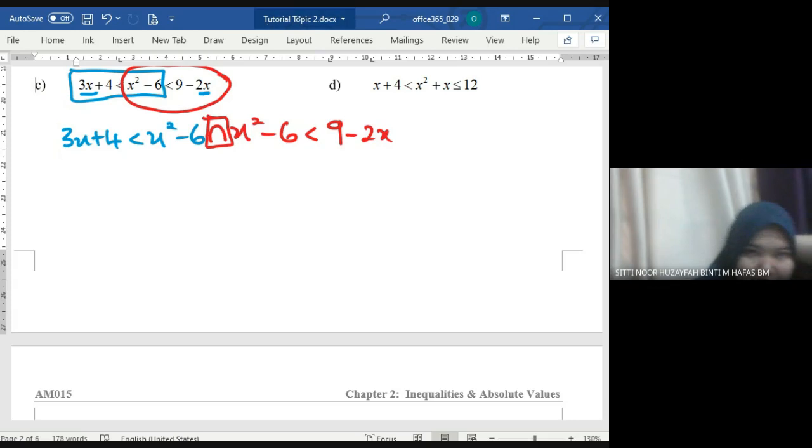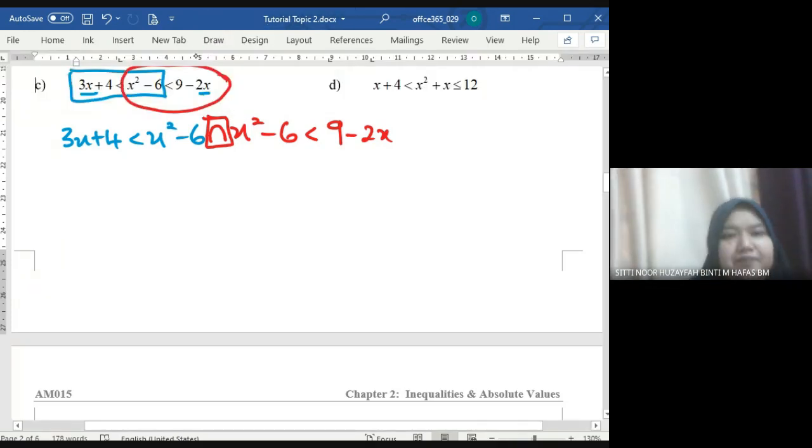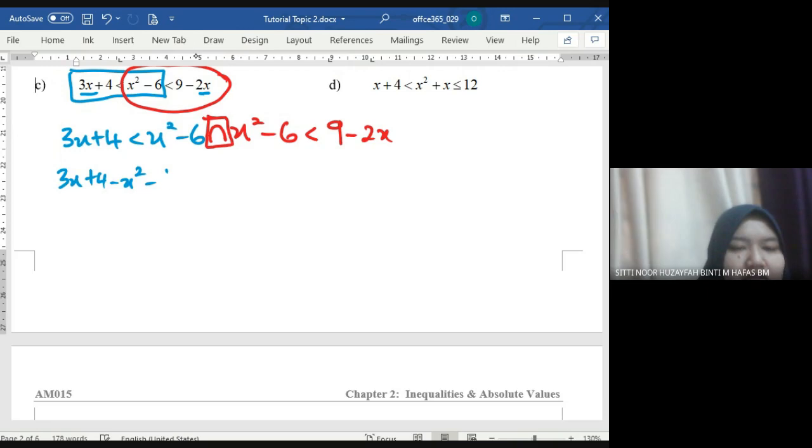Boleh ya? Okay. Kita buat dulu yang belah kiri. So, 3x tambah 4 tolak x kuasa 2 tolak 6 tambah 6 kurang 0. So, kita nak ini jadi 10 kan? Nak positifkan x kuasa 2. So, x kuasa 2 tolak 3x tolak 10 jadi more than 0.